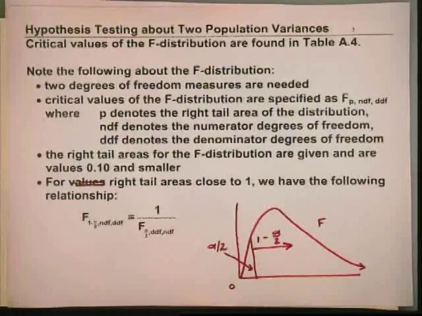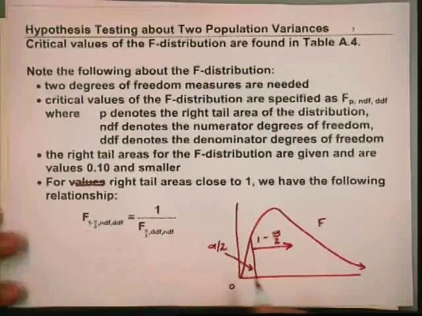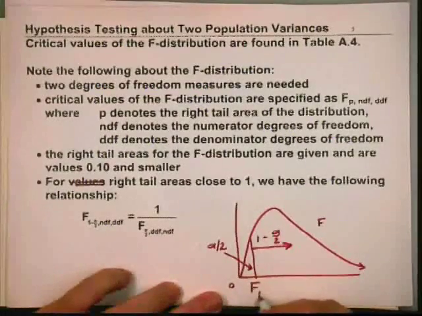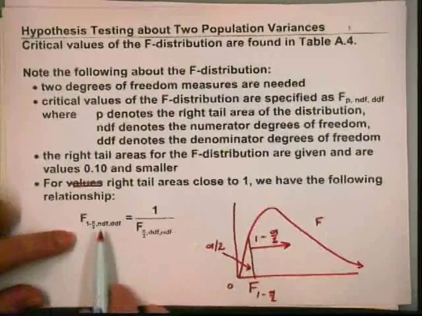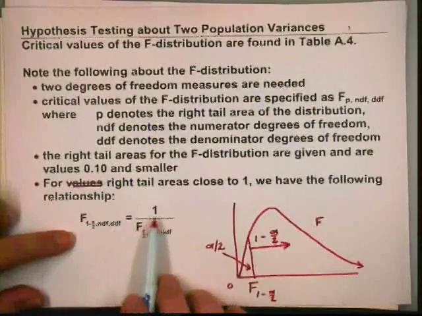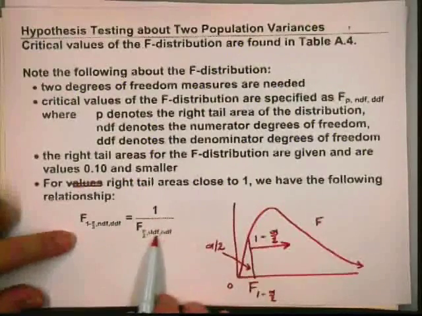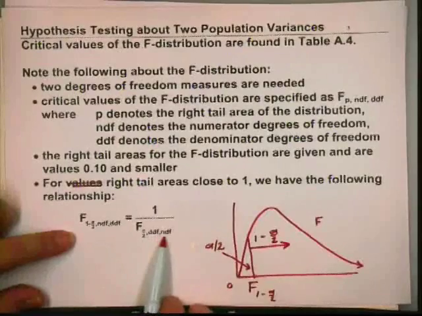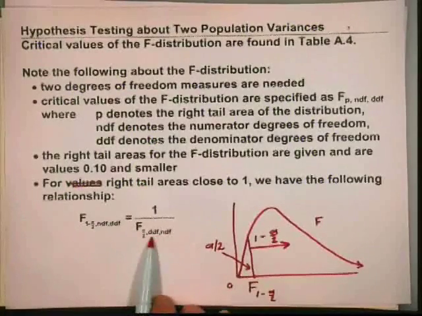All right. So we have this association here, an F that determines a right-hand area of 1 minus alpha over 2 for small values of alpha. And we identify its numerator degrees of freedom and denominator degrees of freedom, has the following association. You can look at 1 over an F with right-hand area alpha over 2. Switch the denominator and numerator degrees of freedom. So you look them up. So the denominator degrees of freedom goes from which value was in the denominator of the F you calculated.